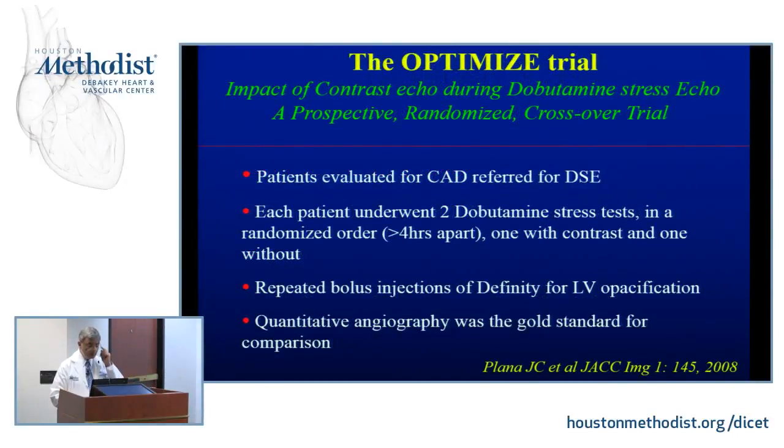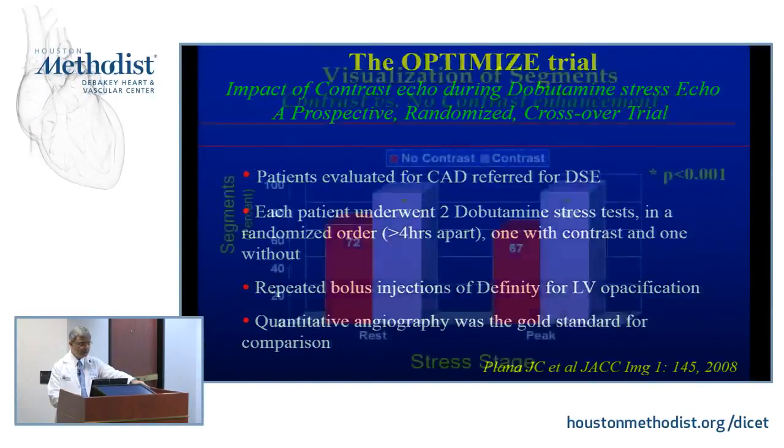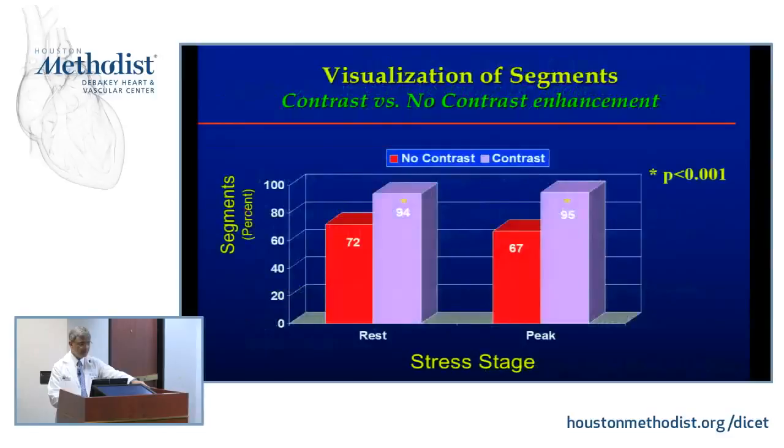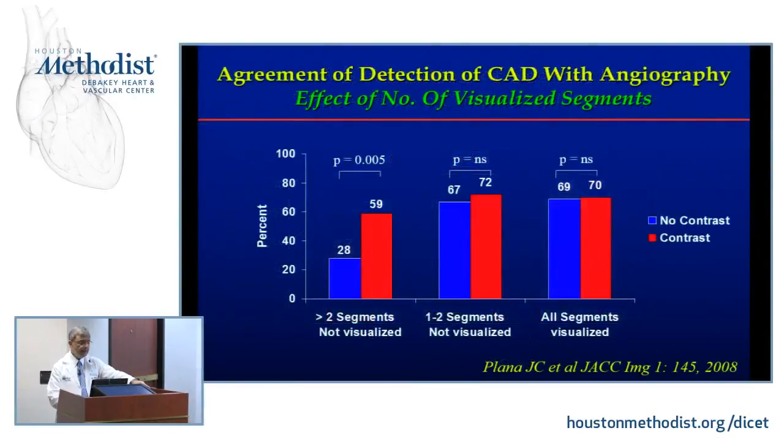These are data from Juan Carlos Plata when he was here with us, and what we did is something that we're not going to do again: 2 dobutamine stress echoes, one randomized, one with contrast and one without, with almost 100 patients. Rest and stress. Watch what happens with stress: some of the images may get degraded a bit.